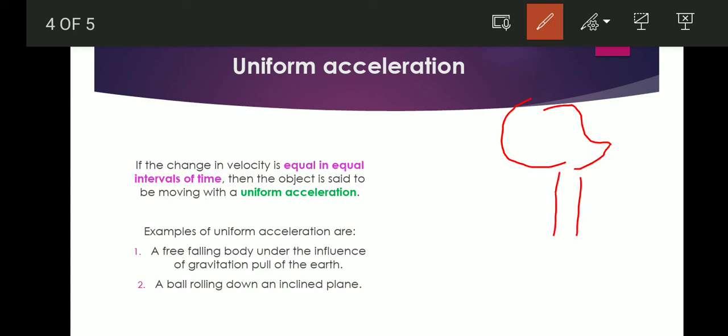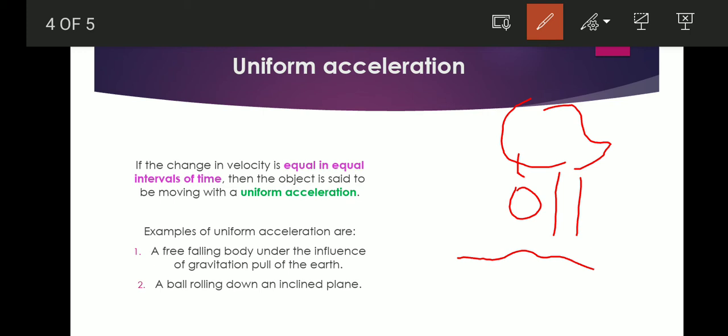One mango has fallen here and is falling down towards the earth. This is because of gravitational pull, gravitational force, and it is falling with a constant velocity, so we call it uniform acceleration.